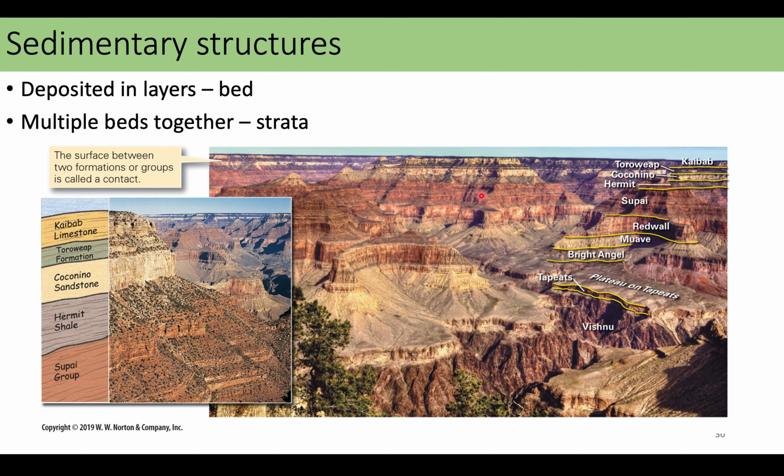Here is another example of each of our different beds, but together we would call this a strata. So here we can see all the different rock layers that were deposited one after another. I should say the sediment layers that were deposited one after another and then formed into these sedimentary beds.